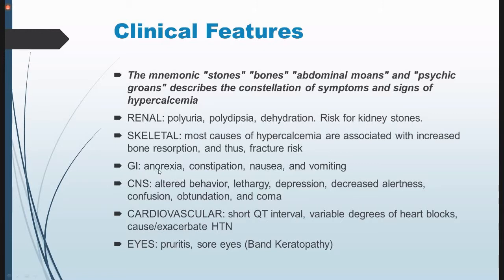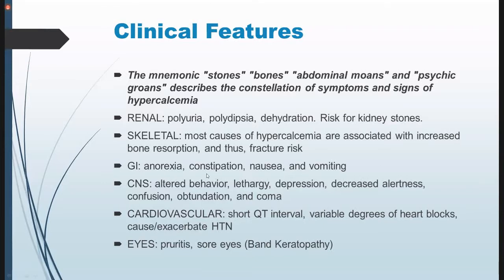In the GI tract, there is anorexia, constipation, nausea, and vomiting. Because as I told you, calcium has its effect on the intestinal mucosa, gut mucosa. Through that, it is acting on several neurotransmitters which have effect with the brain. So that leads to nausea, vomiting, and slowing of the gut peristalsis leads to constipation.